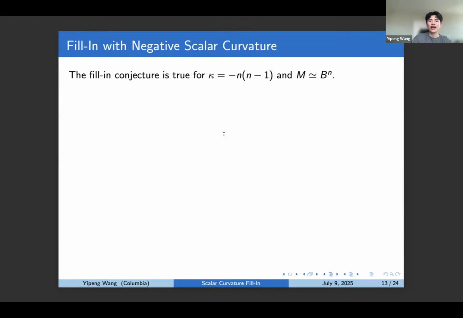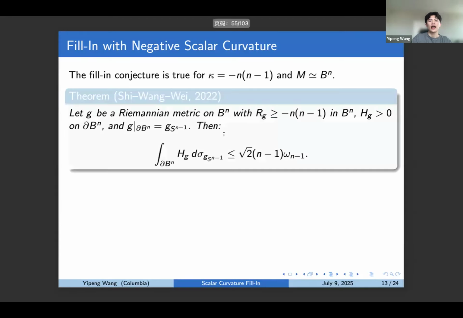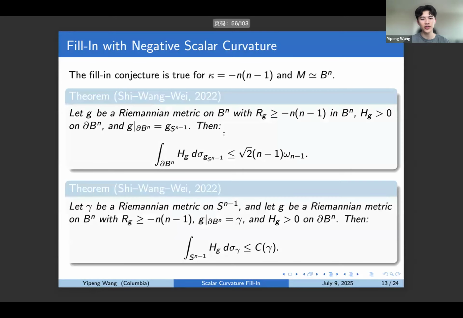So what you can do is consider the case where you're filling in a sphere with a ball, and it's due to Shi, Wang, and Wei. They actually proved the following two results.